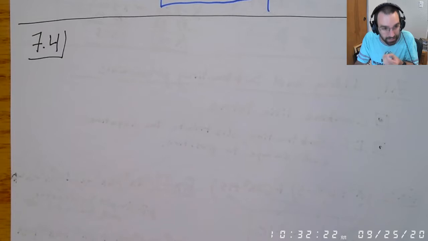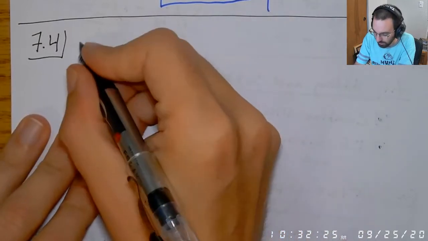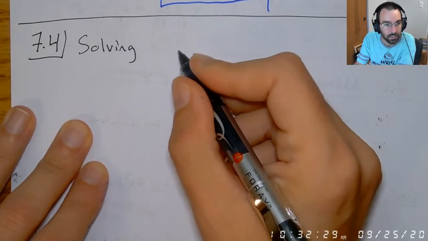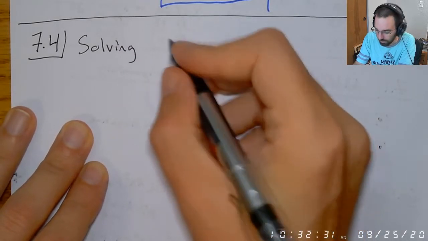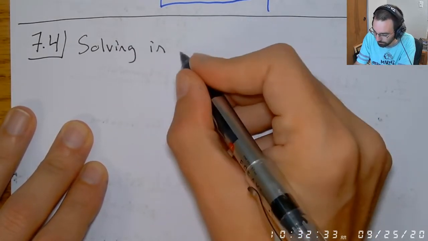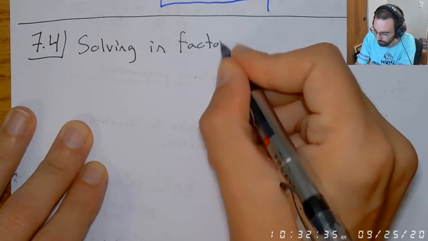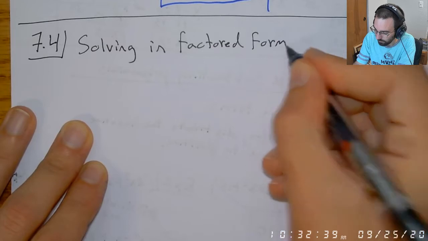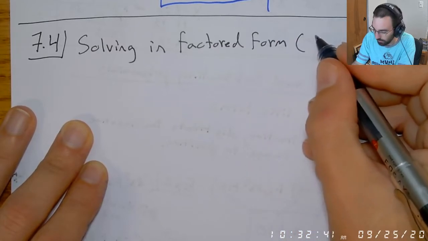And 7.4 was solving in factored form. And we used ZPP.